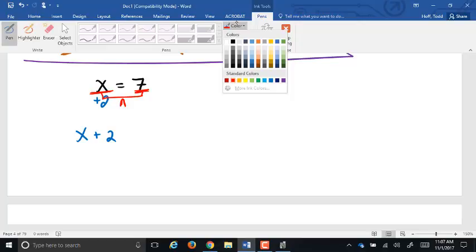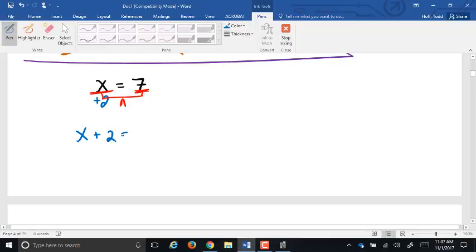So if we add 2 to the left side, to keep that balanced, we have to do the exact same thing to the other side. We add 2, 7 plus 2 is 9. So we have now built onto this equation and made it more complex. If we're asked to solve it, what we're being asked to do is take it back apart.